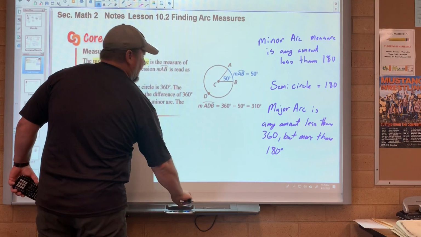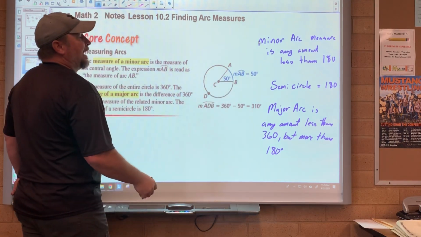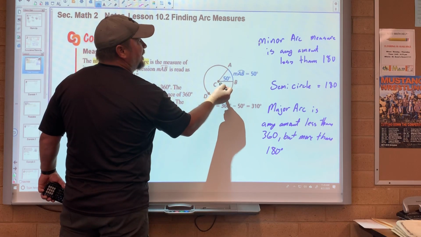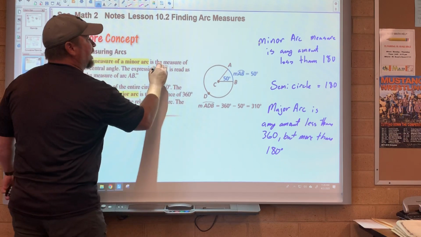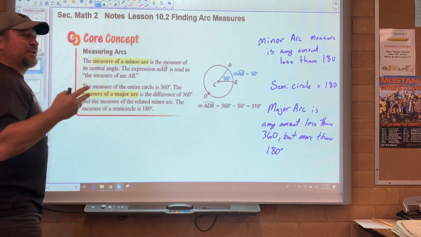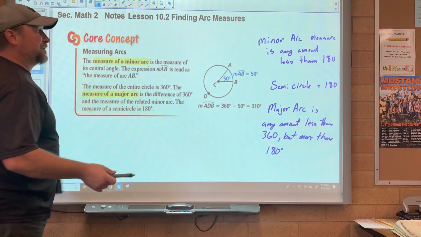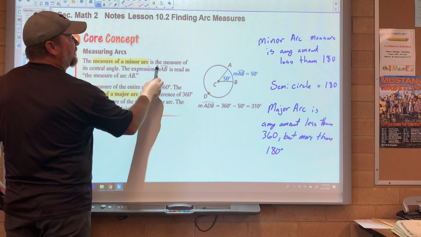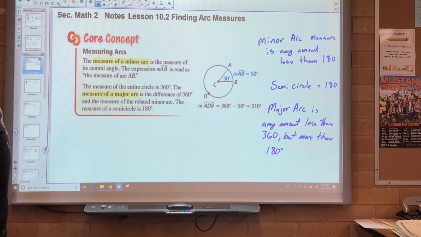Okay, well, here's the angle, ACB for this problem. And the angle is 50, so the arc measure is 50. The symbol for arc is an arc above the two letters. You need to be able to read that correctly. It's like the geometry language. Measure of arc AB. Okay, that's how you read it. They're showing you that right there.